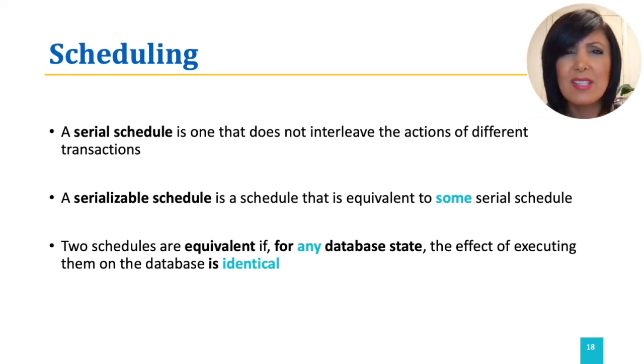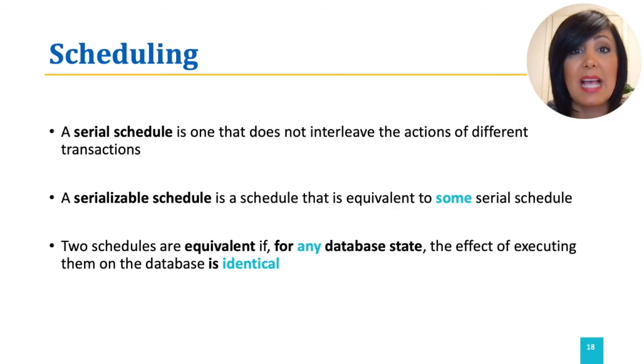So, let's remember the examples 1, 2, 3 that we had. The schedules in example 1 and example 2 were serial, and the schedule in example 3 was serializable because its effects on the system were identical to executing the schedule in example 1, which was a serial schedule.